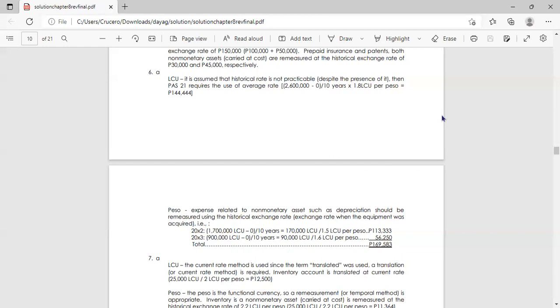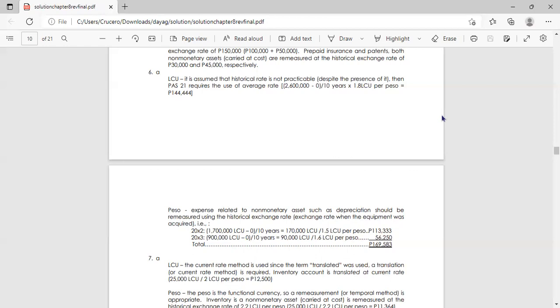Depreciation should be remeasured at the historical exchange rate when the equipment was acquired. So when the equipment was acquired, we had the historical cost of 1.7 million that was in 20x2, divided by the life of 10 years, and we divide it by 1.5 local currency units per peso.